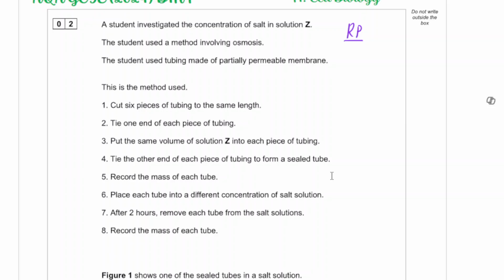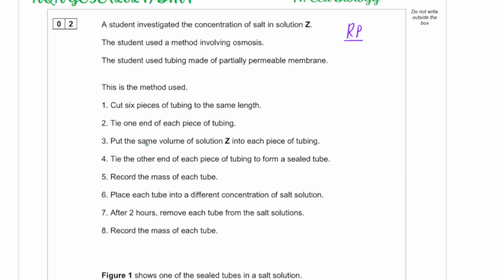This is the method used. Cut 6 pieces of tubing to the same length. Tie one end of each piece of tubing. Put the same volume of solution Z into each piece of tubing. Tie the other end of each piece of tubing to form a sealed tube. Record the mass of each tube.